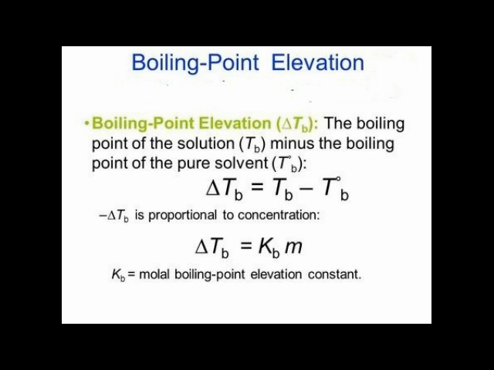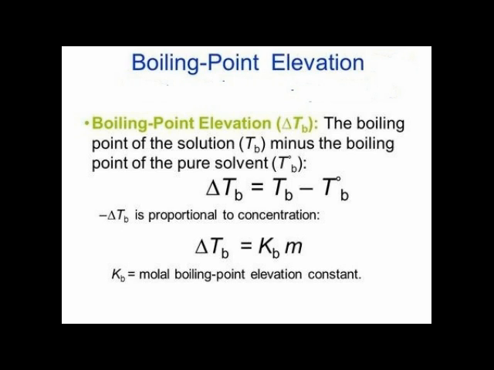So, from this formula, delta TB is equal to Kb into m. Calculating molecular mass of solute is a very important task. In this formula, the small m denotes molality of the solution.